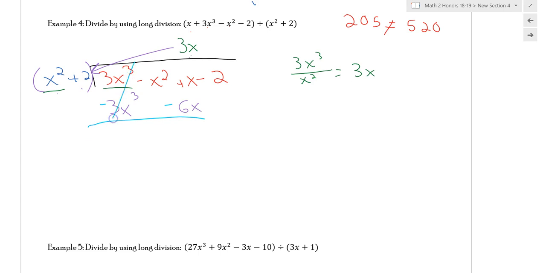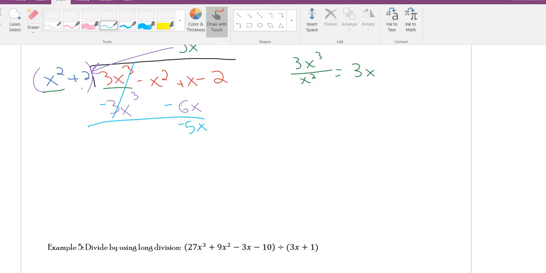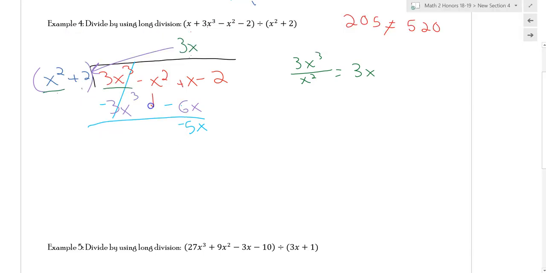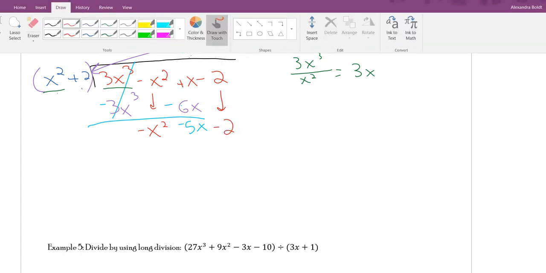So this goes away. x minus 6x is negative 5x. But we have to bring down, right, our other work. So this gets brought down here. Okay, it does get brought down in front of it. And then this gets brought down behind it. Okay, so make sure everything's kind of staying in order.